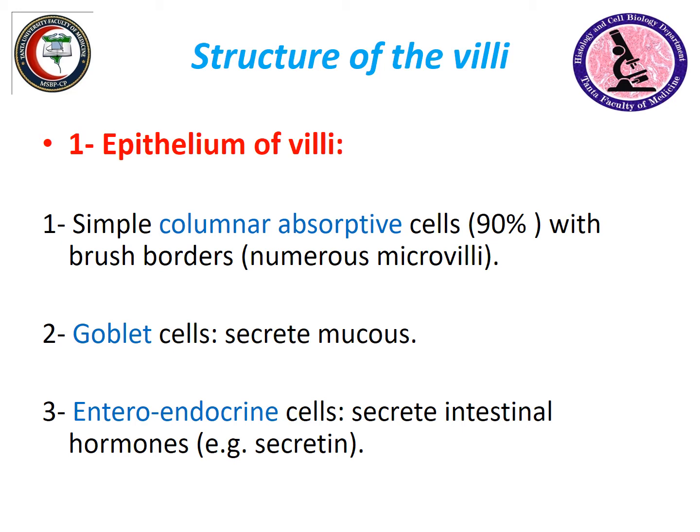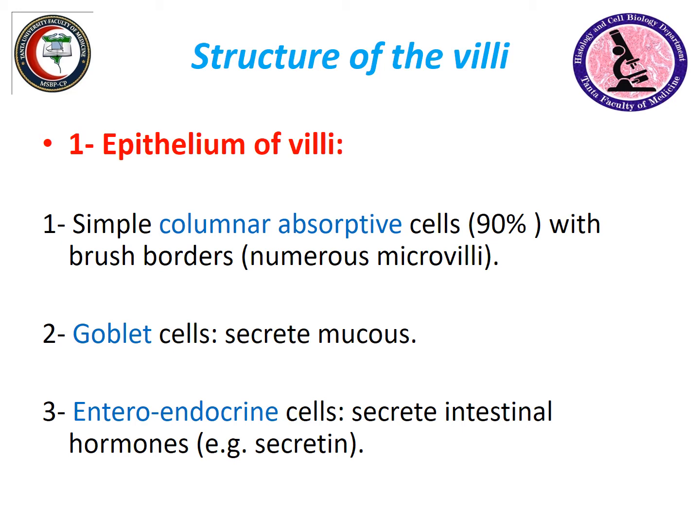Epithelium of the villi. The villus, as we said, is a finger-like projection from the mucosa. So the epithelium of the mucosa projects into the lumen of the intestine and takes a core from the lamina propria and also some smooth muscle fiber of the muscularis mucosa. What is the type of epithelium that lines the villus?